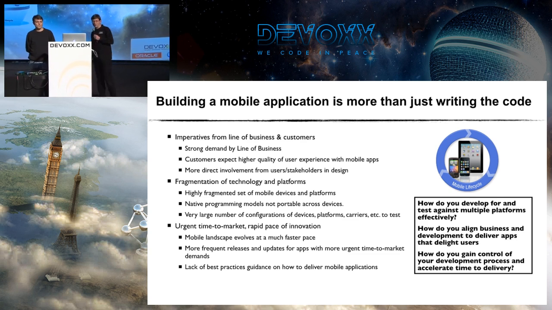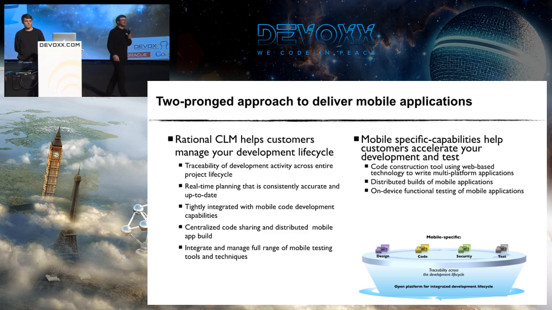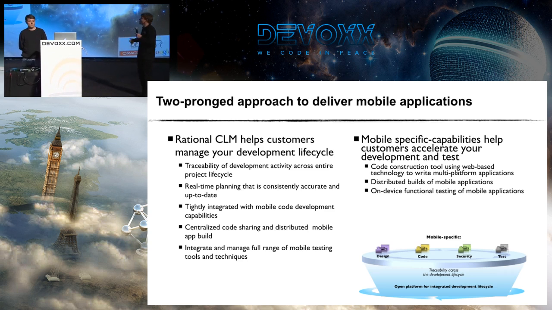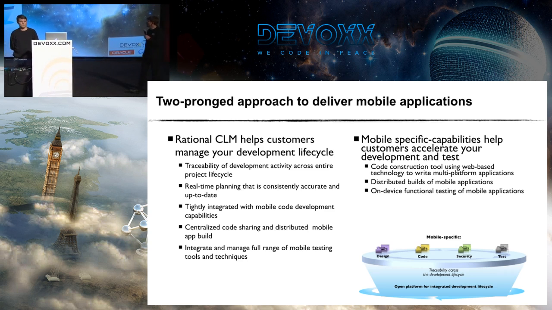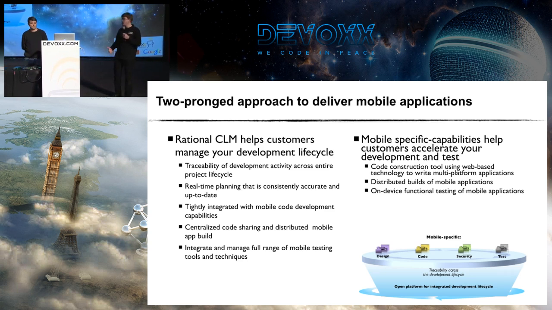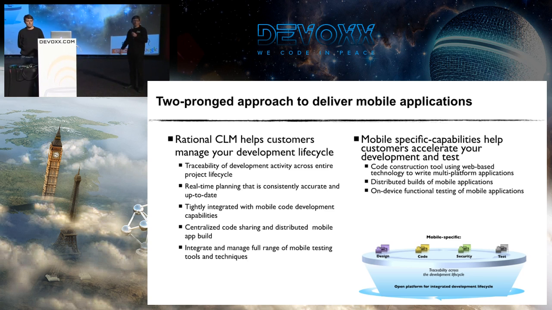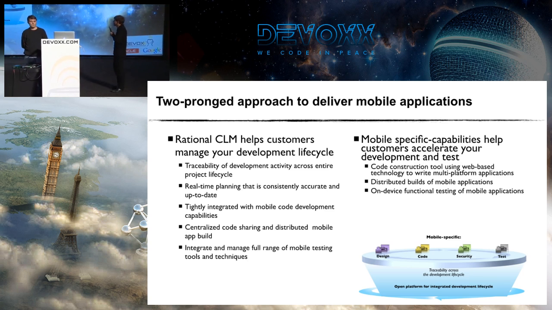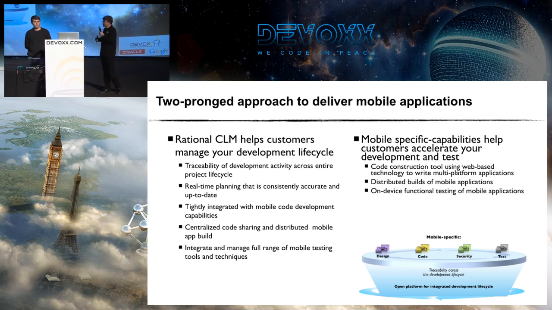So, there, the solution that we will show you today will be based on the Rational Collaborative Lifecycle Management solution. Some people might have heard about the IBM Jazz platform. That is basically the platform on which the solution is built. And the solution will basically allow you to manage all the code you develop and have also traceability, and that's also something which we will show in the demonstration.